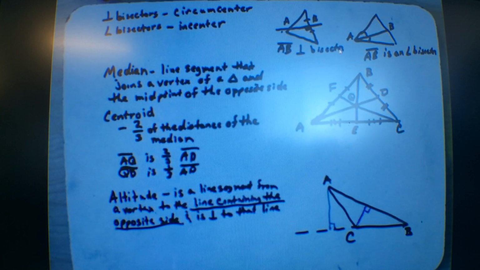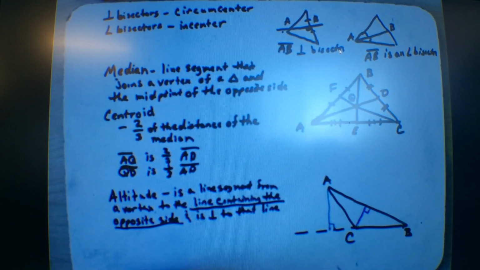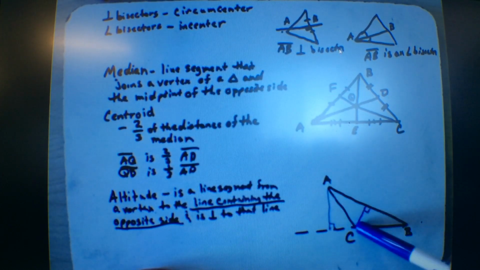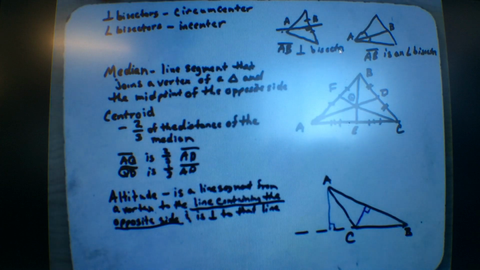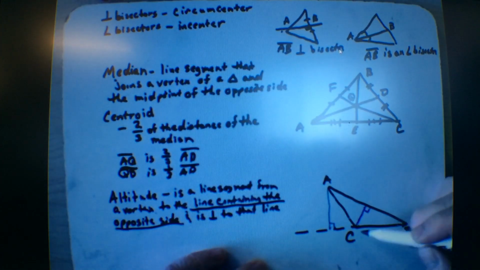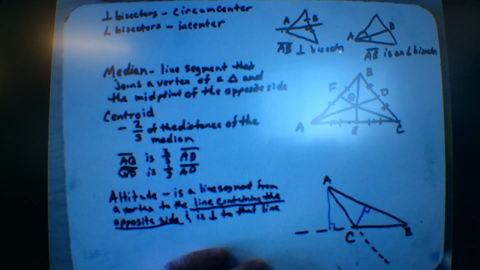Any questions? The last one, I want to go from B to AC. But once again, anything inside the triangle is not going to be perpendicular, is it? So I have to extend this side out. Do you see that?